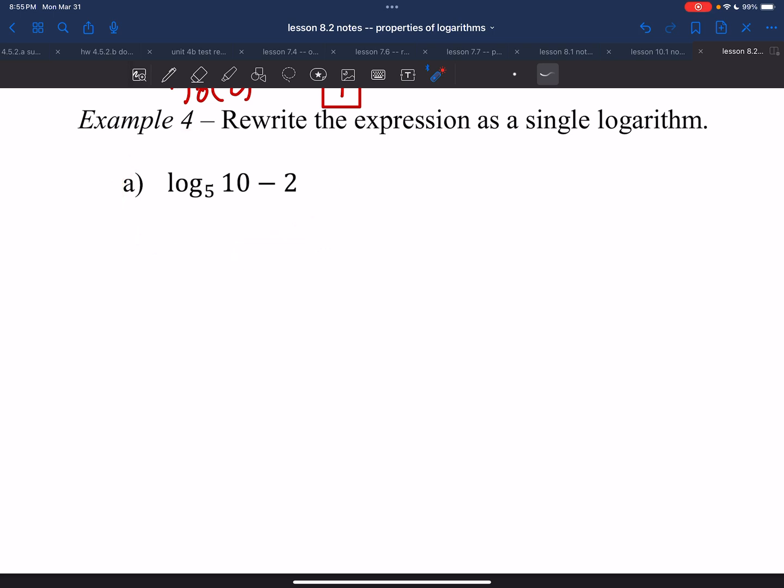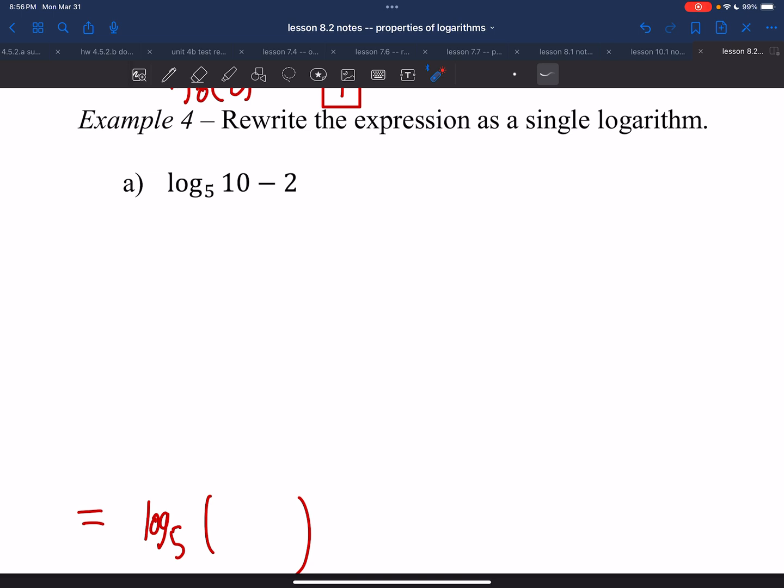So look. So here's log base 5 of 10 minus 2. The goal is to rewrite this value as log base 5 of a number. So the minus 2 is not part of this logarithm, right? Think of it as a bar right here. It's log base 5 of 10, minus 2. Normal 2, not logarithmic 2 or anything like that.